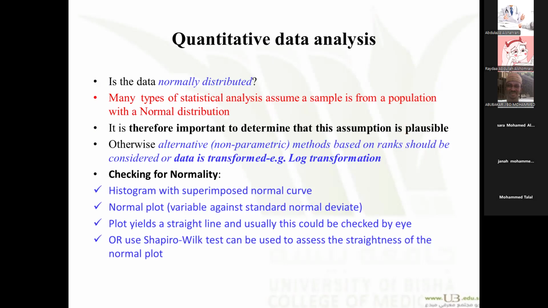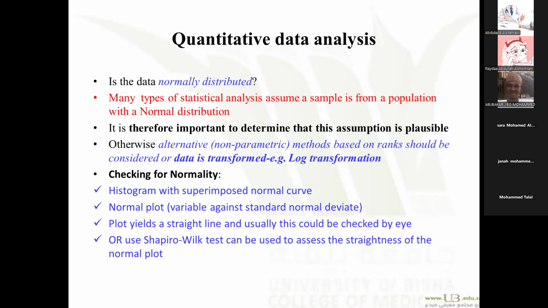Otherwise, instead of doing conventional tests, you have to do non-parametric tests, or you have to do log transformation of the data to change it from asymmetric data to normally distributed data. There are many ways you can check for the normality of the data: using a histogram, a superimposed normal curve, a normal plot, or the Shapiro-Wilk test, as the case may be.